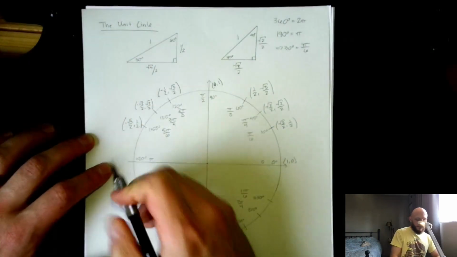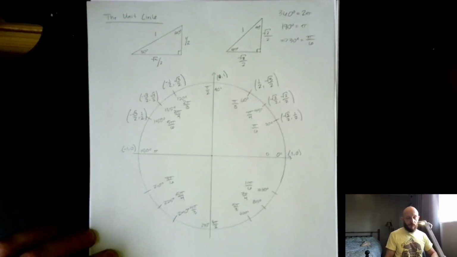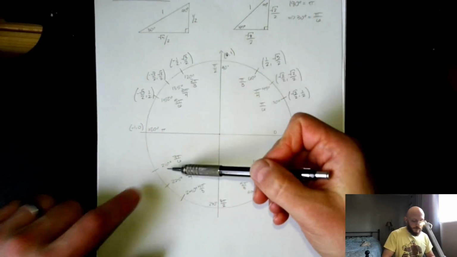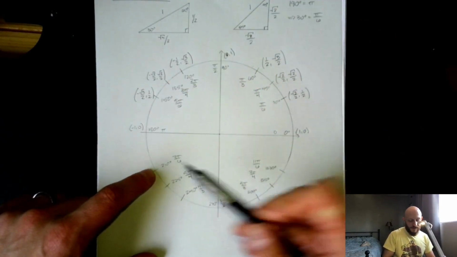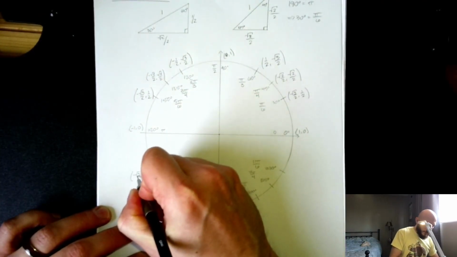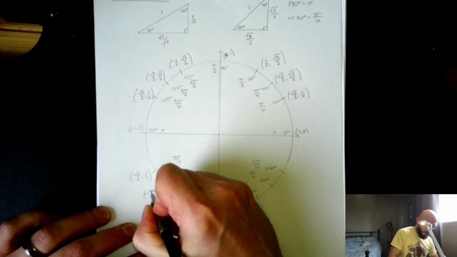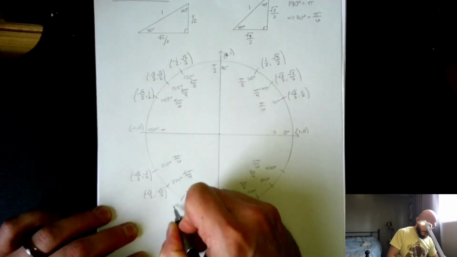At 180 degrees, now this coordinate is negative 1, comma, 0. And then same deal, 210 degrees, well, this is just mirroring 150 degrees, mirroring 30 degrees, but now both x and y are negative. So this must be negative root 3 over 2, comma, negative 1/2. Then negative root 2 over 2, comma, negative root 2 over 2.